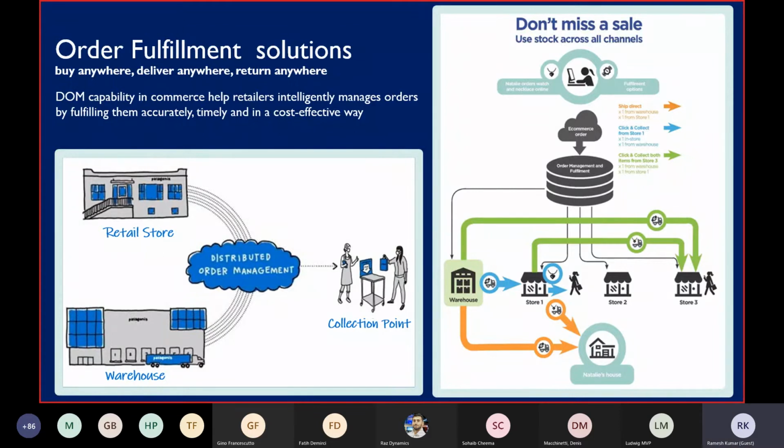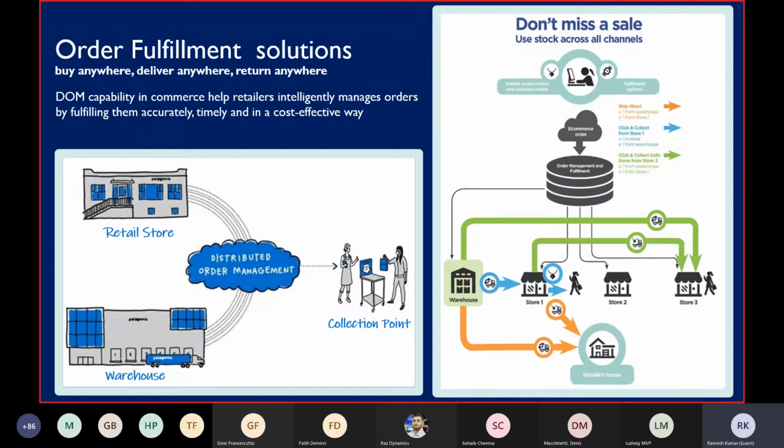So that is the distributed order management capability. Dynamics 365 retailers can ship the inventory from a store or a warehouse to the customer by optimizing to a single shipment, and it can be delivered to a collection point or in store.